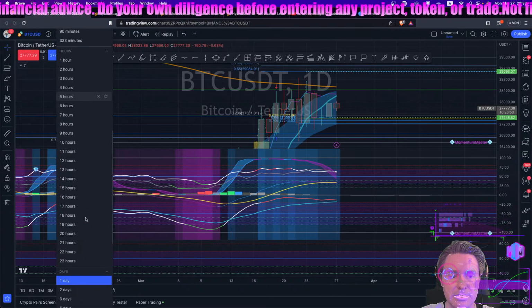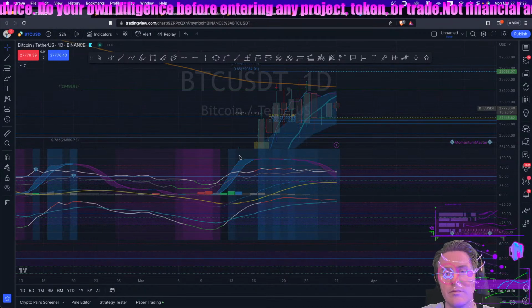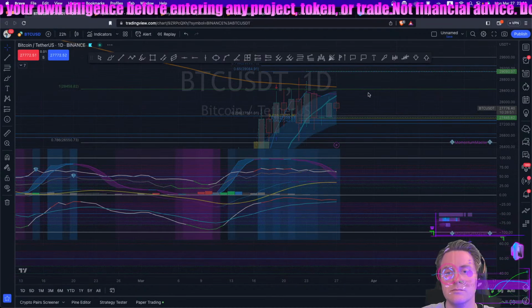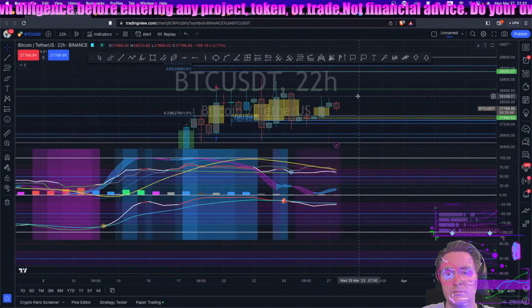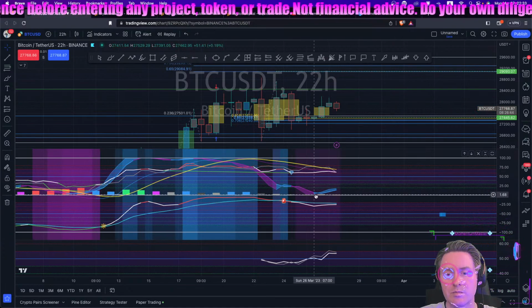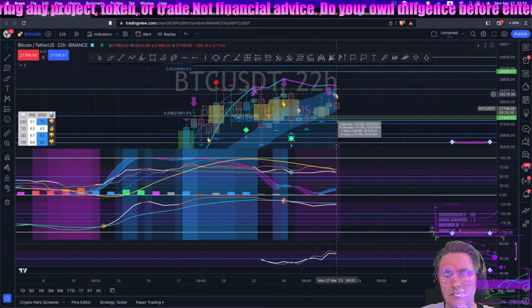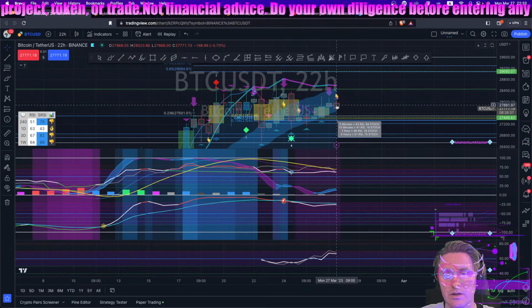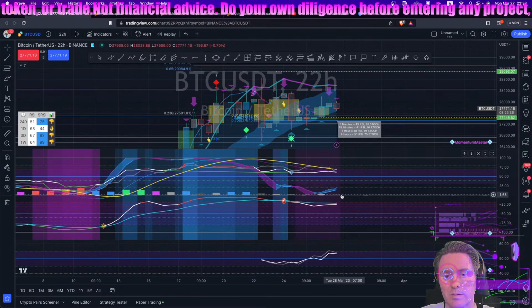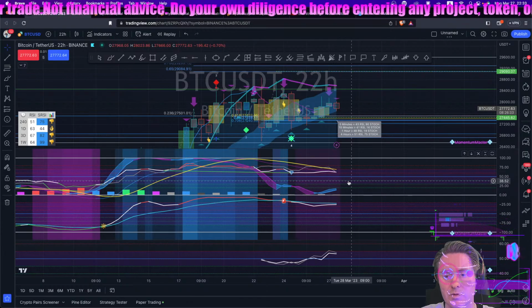If we go to the 22, the 22 was previously giving us a little bit of juice, and now we're getting that higher time frame suppression of it pointing down on us. So this could get suppressed as the daily time frame wants to reset.